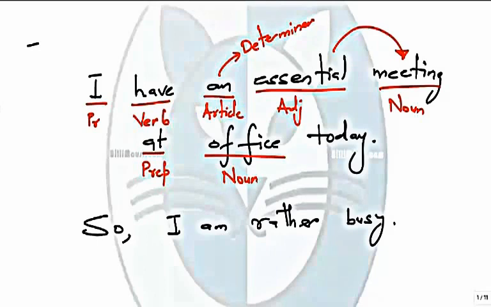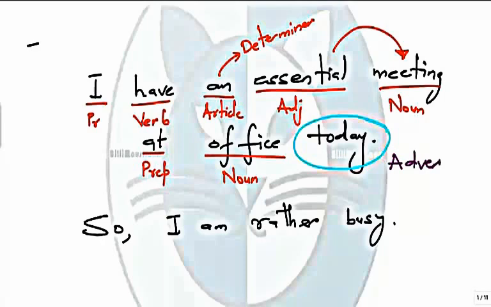You might have written it as noun or verb or adverb or adjective. Let's see what this actually is. Today gives us an understanding about when the incident has taken place. Today will be an adverb because it is giving us information about when you have the meeting.